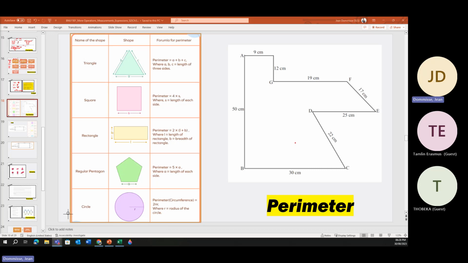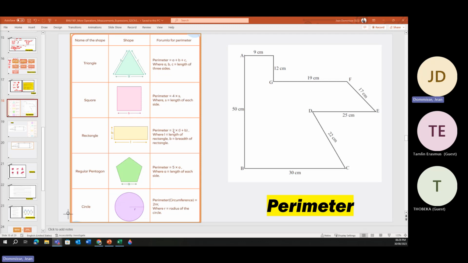For perimeter, what we will need to calculate, we'll get to an example now, but for all your other shapes: the perimeter of a triangle will be just the three sides added together. For the square, you can say 4 times one of the sides, or just add all 4 sides together.